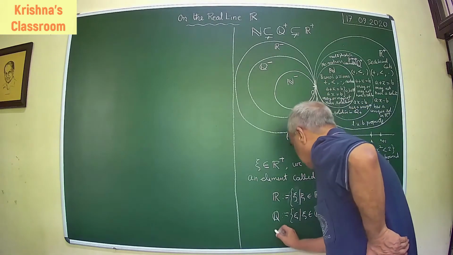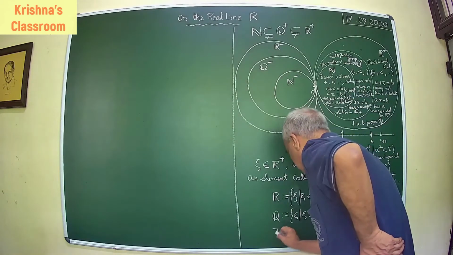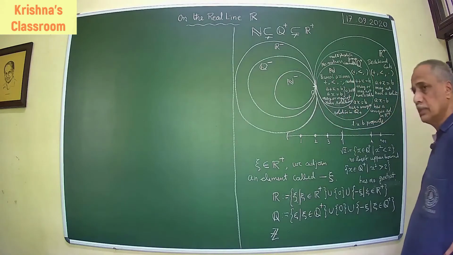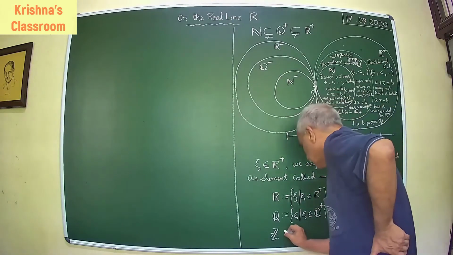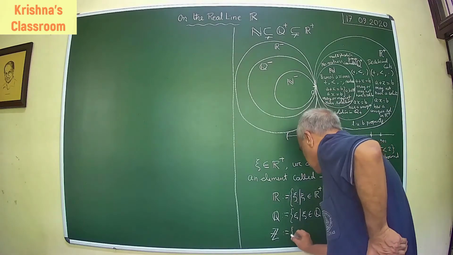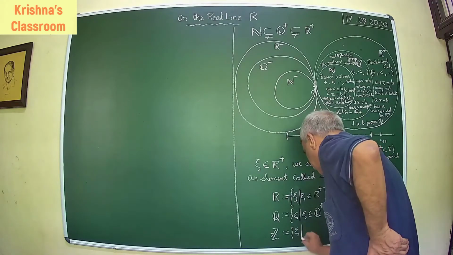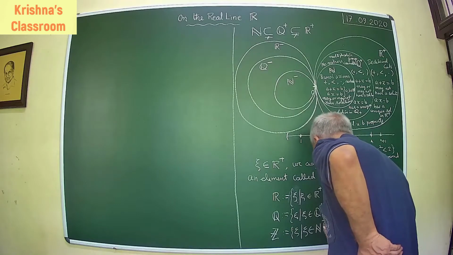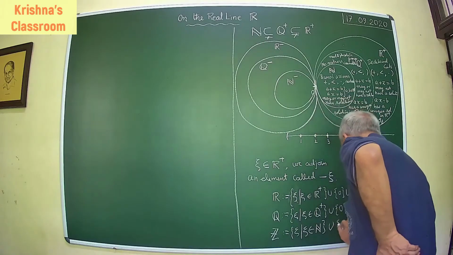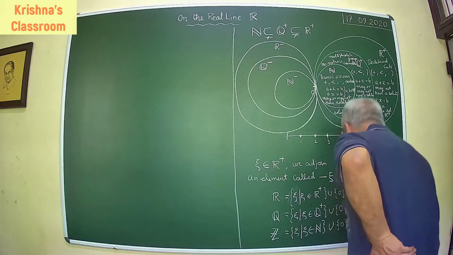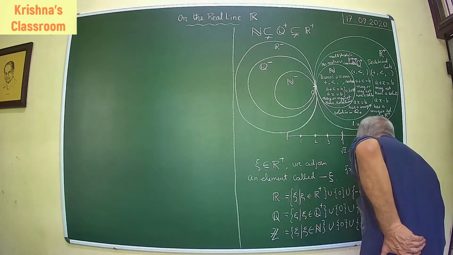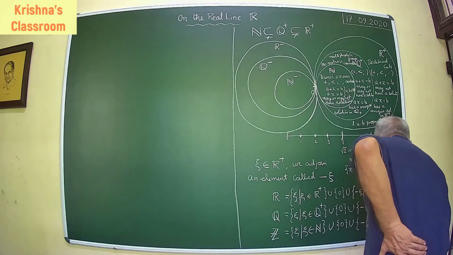Then you have Z, that is the set of all integers, set of all psi belonging to n, union the new entity that we have introduced, union what we call minus psi.